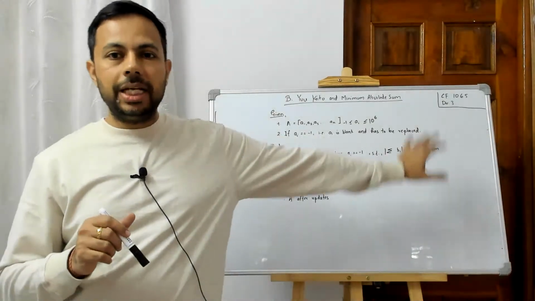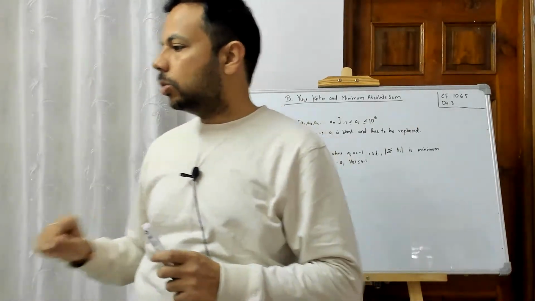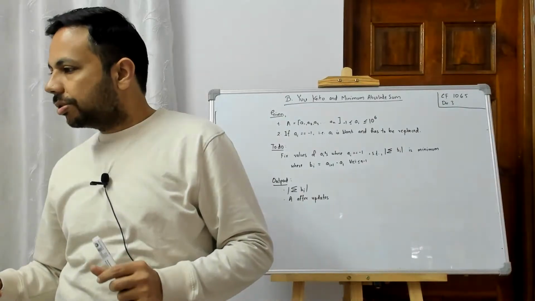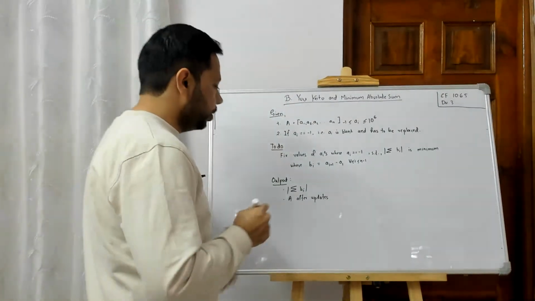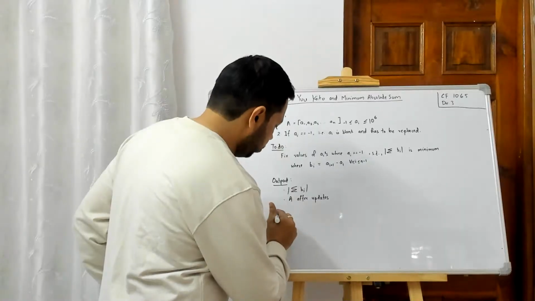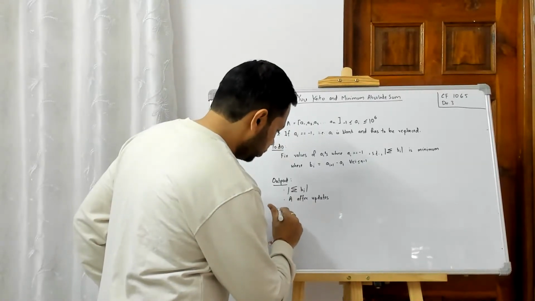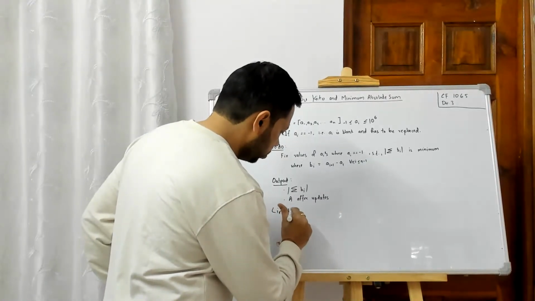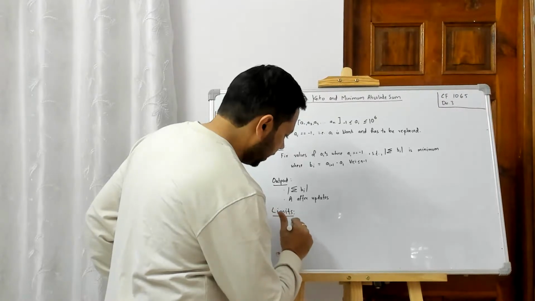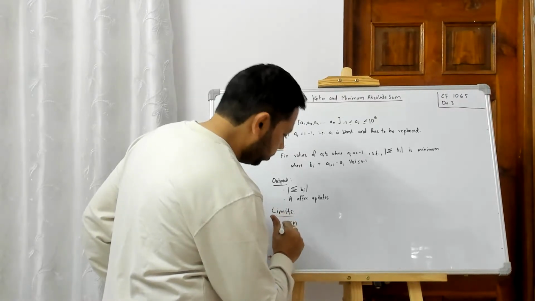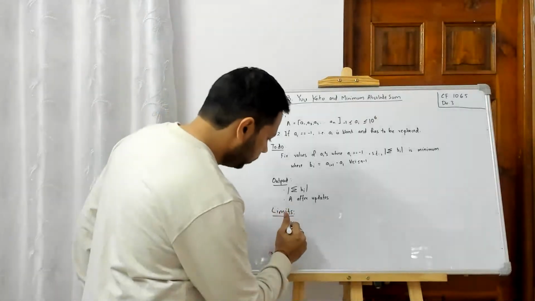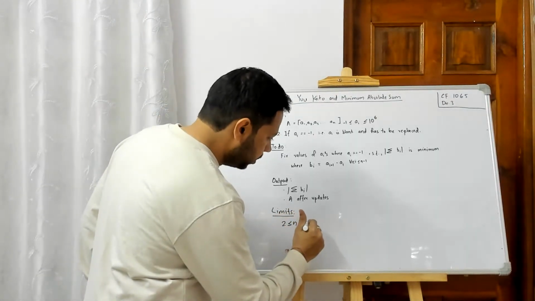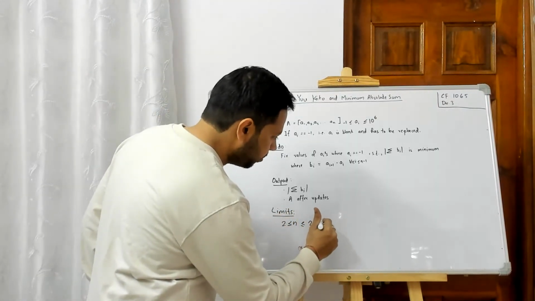So that's the question. Now think about the solution. The only limit that you need to know is the limit on n: n is going to be greater than 2 and less than 2 times 10 to the power 5.